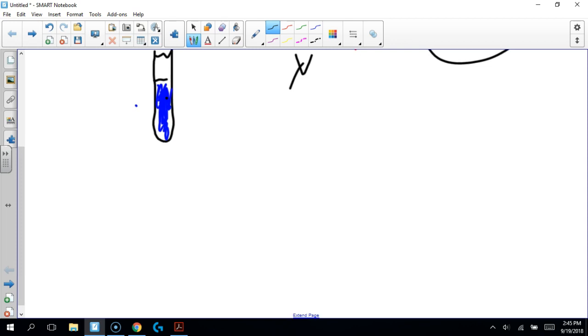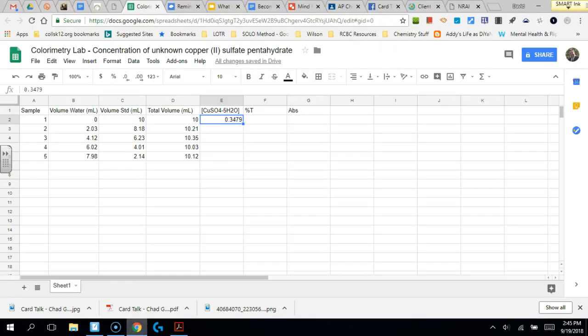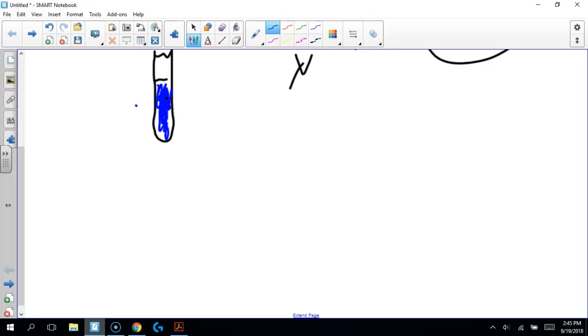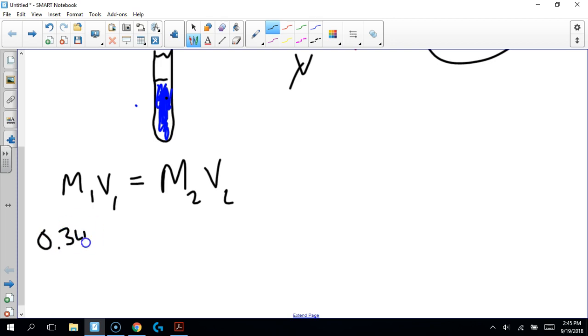Okay, so I'm going to use the data that we have. So I'm going to use 2.03, 8.18 and 10.21. Okay, so back here. What I know is that M1V1 equals M2V2. So the original molarity was 0.3479.